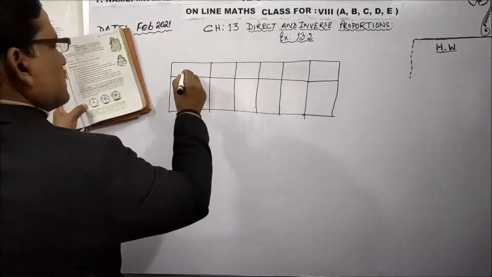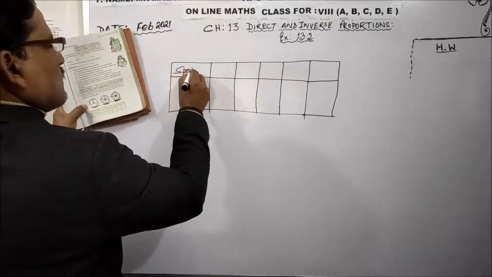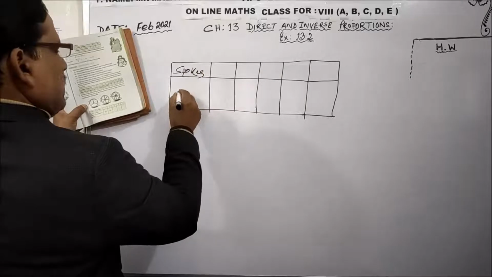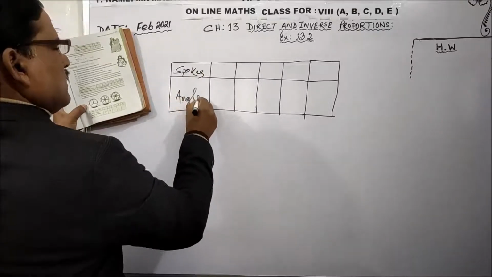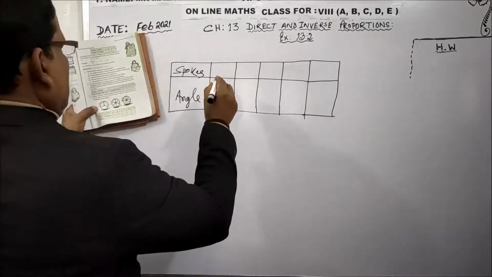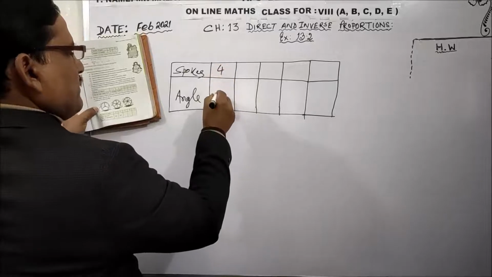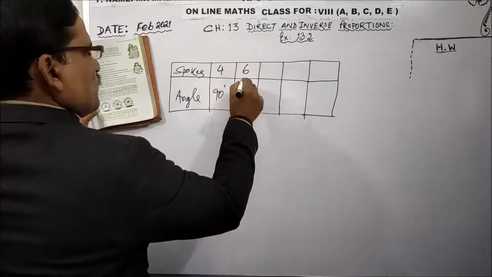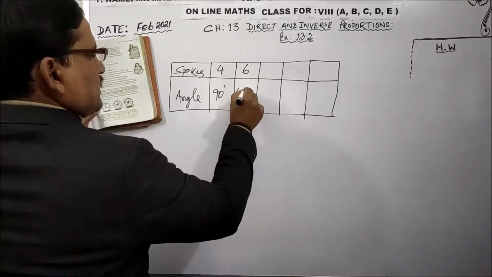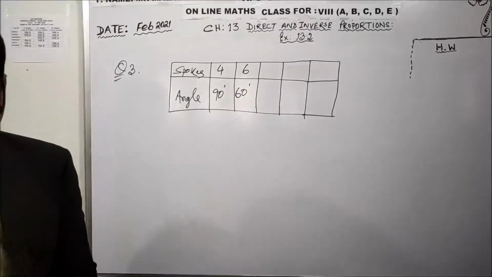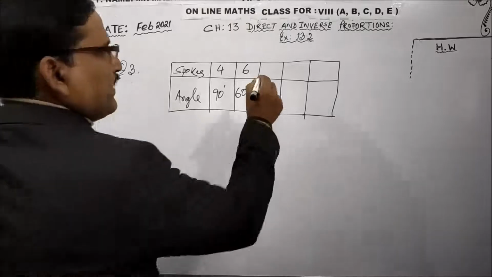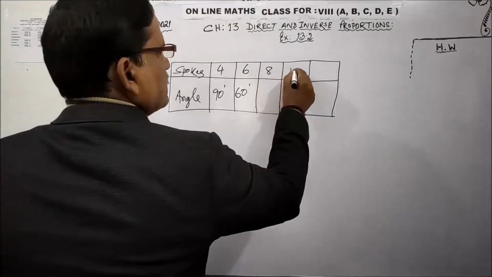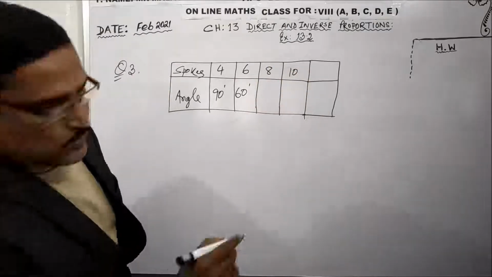Spokes and angle, in short, I am writing. When there are 4 spokes, they have given the angle as 90 degrees. When 6 spokes, they have given 60 degrees. So then what will happen? 8 spokes, 10 spokes, and 12 spokes.